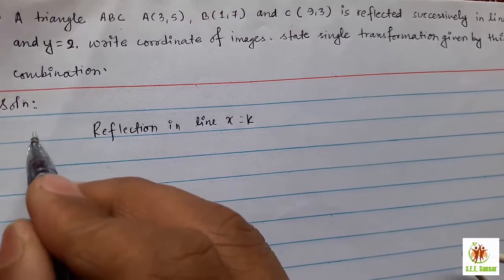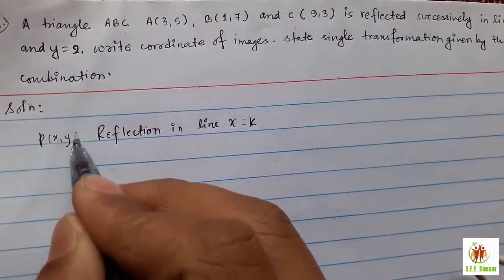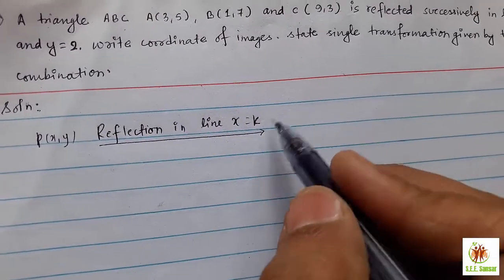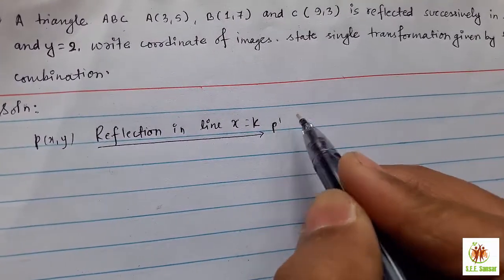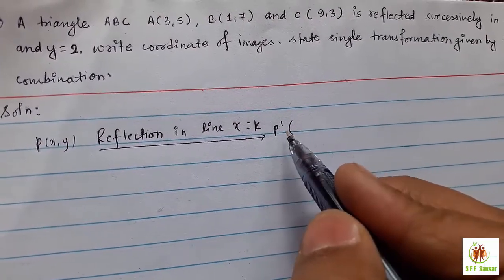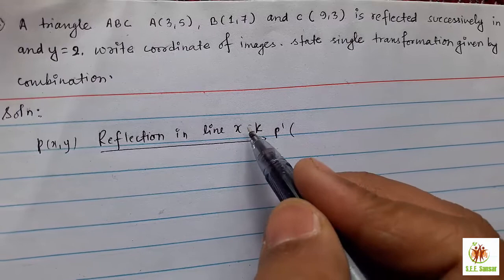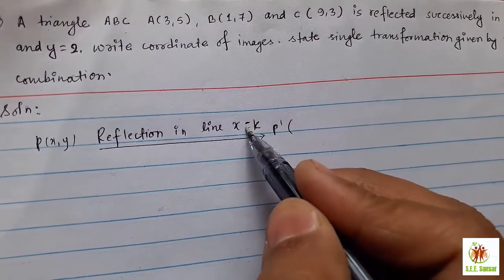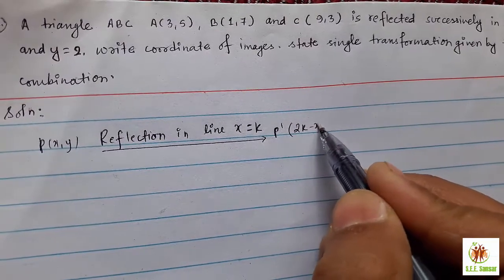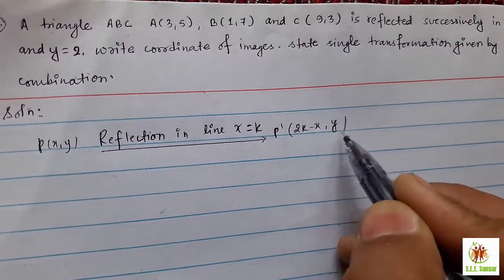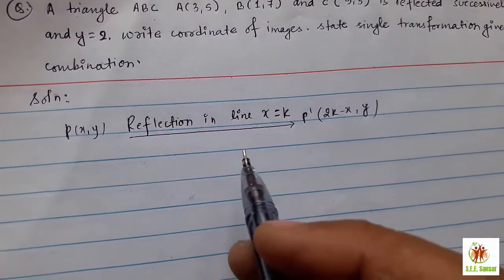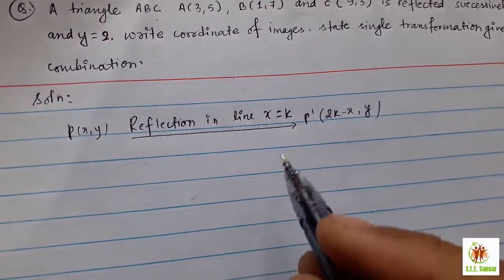We have the formula: for an object P(x, y), the image is P dash (2k minus x, y). The x coordinate changes and y remains the same. This is the only way to remember the formula very easily.